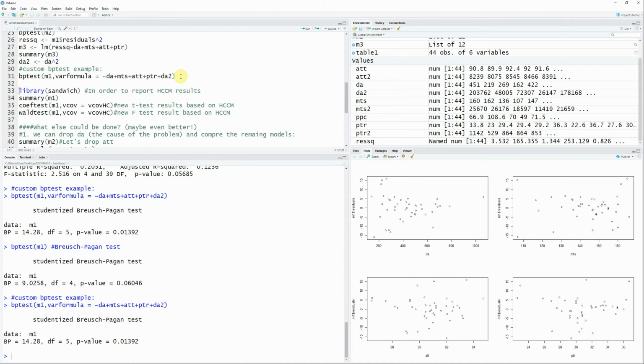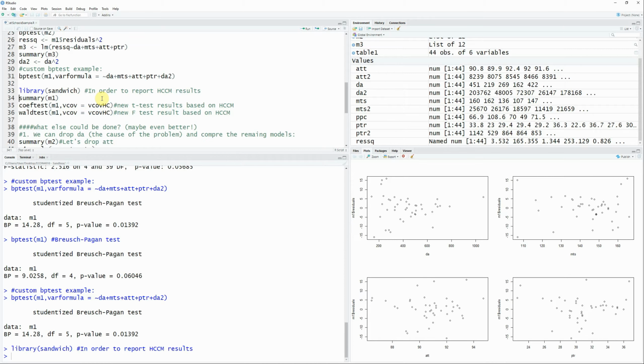Now, this is what a lot of people do, and this is a way that frequentists deal with it, but Bayesians come with calculating the covariance matrix too. So these functions are generally using HCCM estimates based on traditional methods. So we load library sandwich.